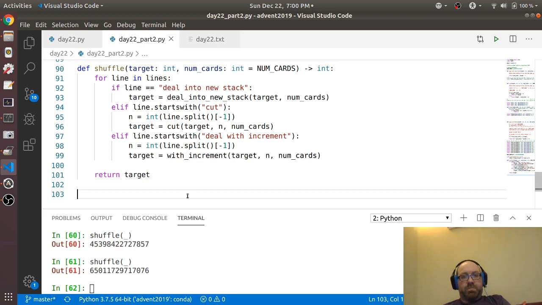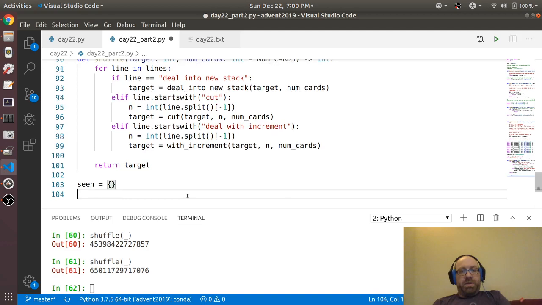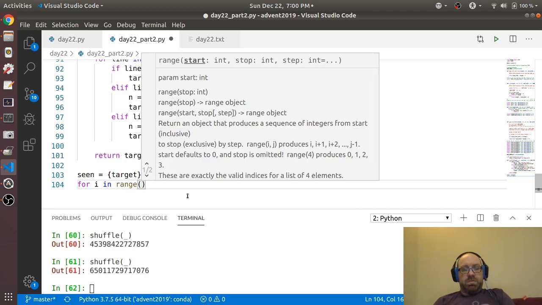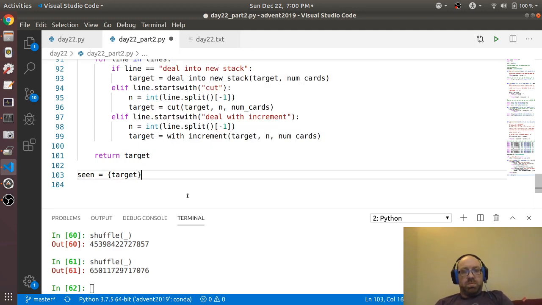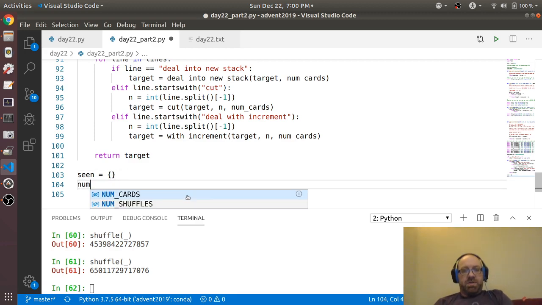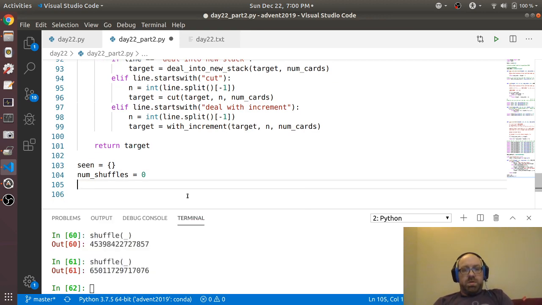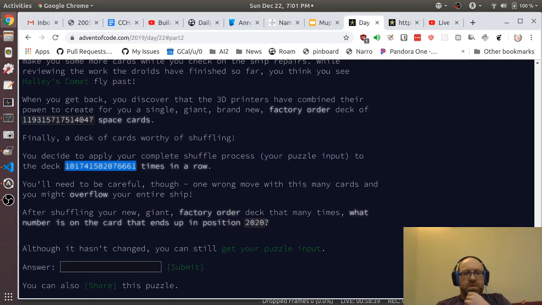Okay. Seen equals this. No, seen equals target. For i, seen equals this. Num shuffles equals 0. While target equals, what's the target that we want? 2020.